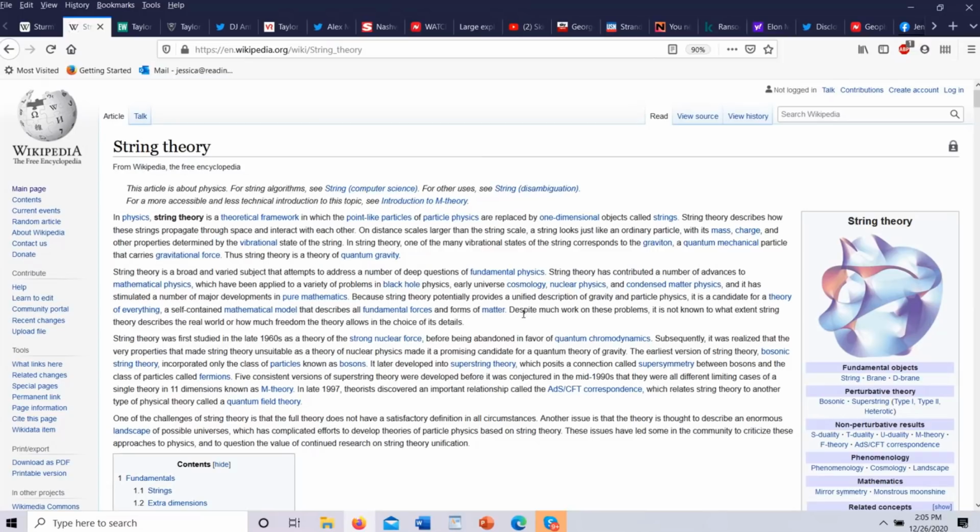In string theory, one of the many vibrational states of the string corresponds to the graviton, a quantum mechanical particle that carries gravitational force. Thus, string theory is a theory of quantum gravity.